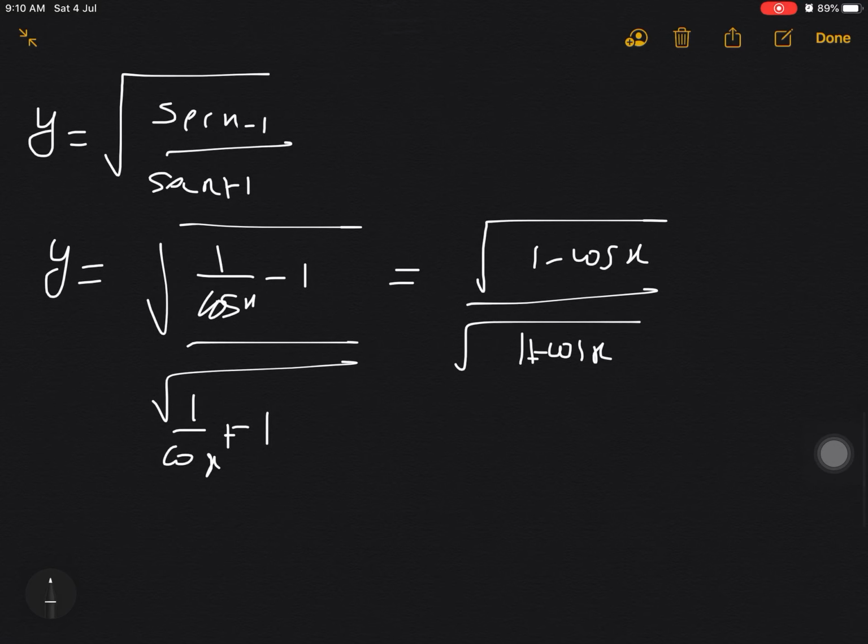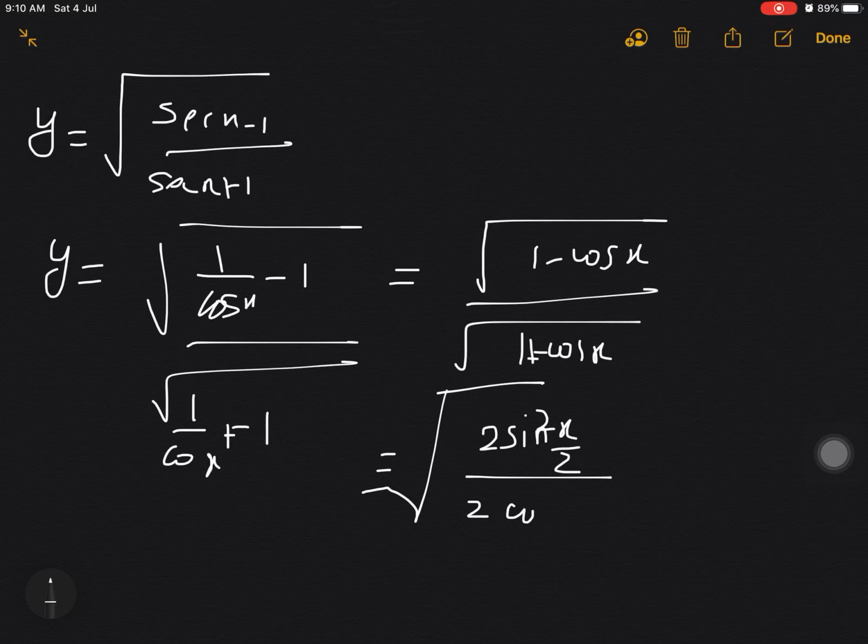So looking at this expression, we can see it to be the root of 1 minus cos x over 1 plus cos x. We can write this as the whole root over 2 sin square x by 2 over 2 cos square x by 2, that is totally nothing but tan of x by 2.